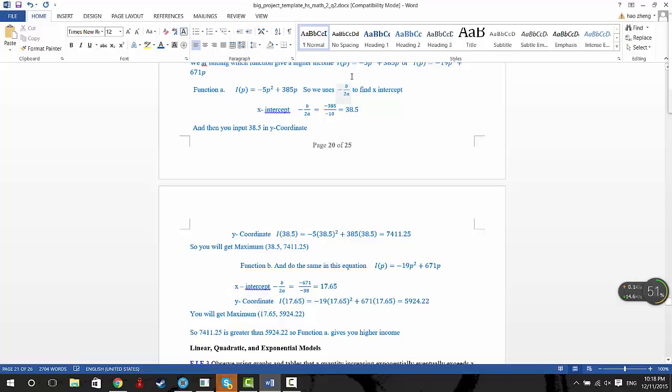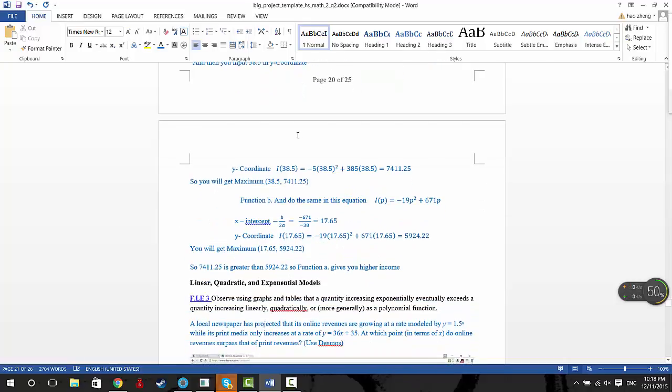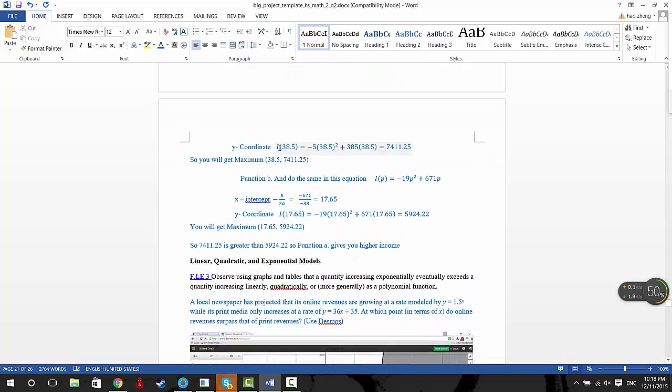This is the formula to find the x-coordinate of the vertex, and you put it inside here. You can see that this is what we call b, and 2a, here's the a, negative 5 is the a, so you multiply negative 5 by 2, right? So it'll be this one, and then the answer will be 38.5. Then you put it into the y-coordinate, and after that you get this.